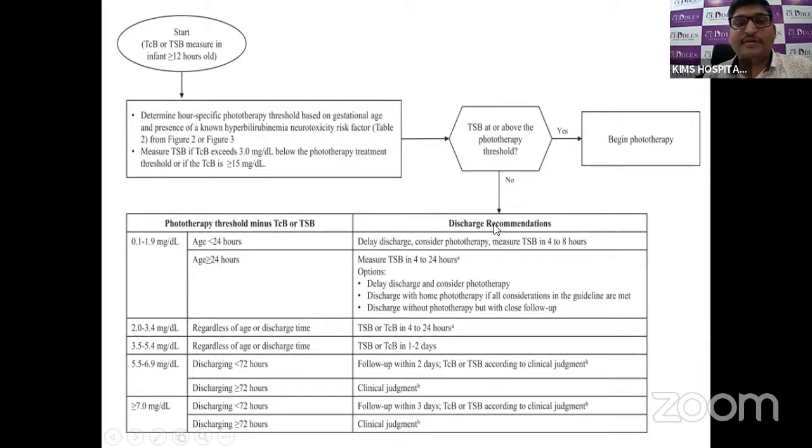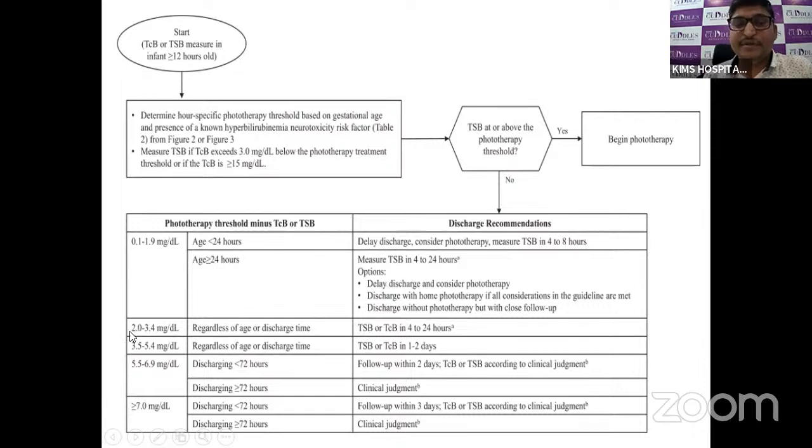But we have to see that if bilirubin is 0.1 to 2 milligram per deciliter within the range of phototherapy and the child is less than 24 hours, you have to delay the discharge and consider phototherapy. If age is more than 24 hours, consider delaying the discharge or at least measure bilirubin within the next day and start phototherapy.